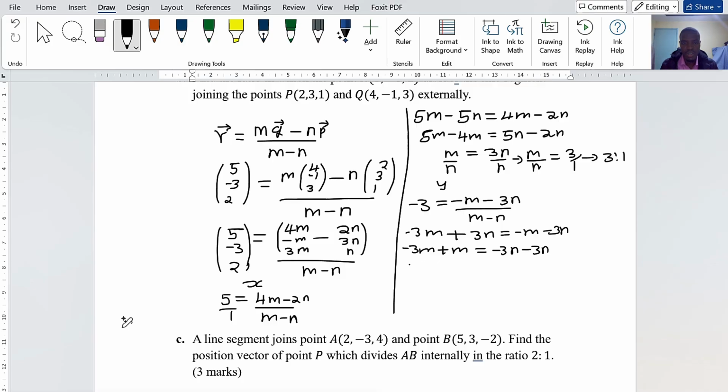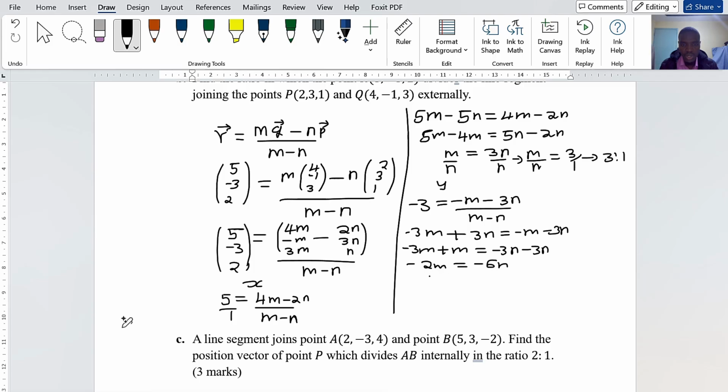So this is negative 2m on one side, and on the other side we have negative 6n.